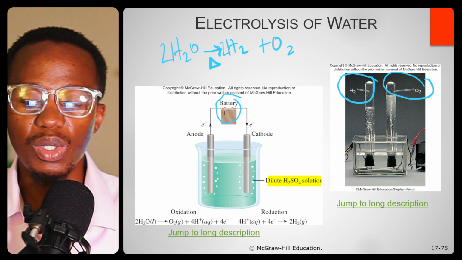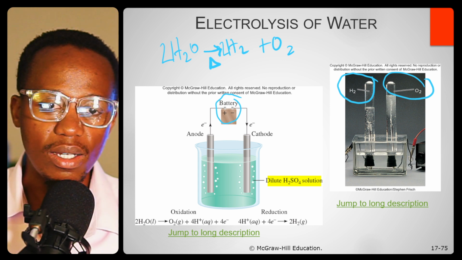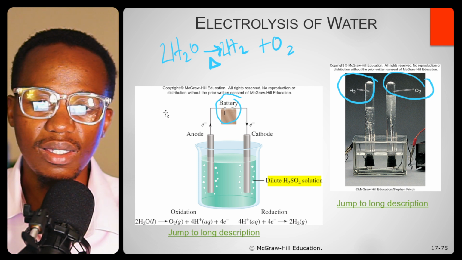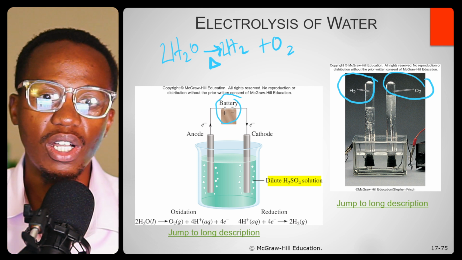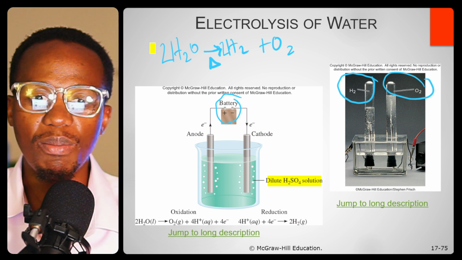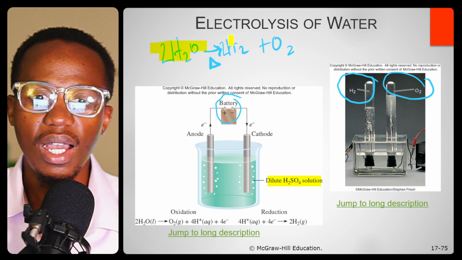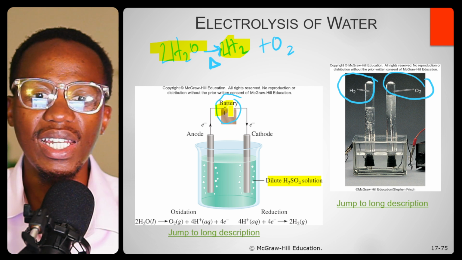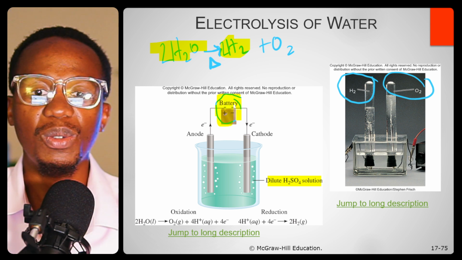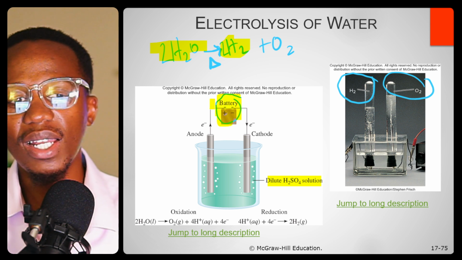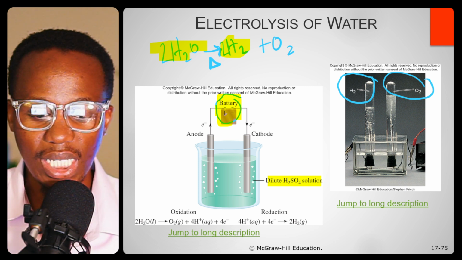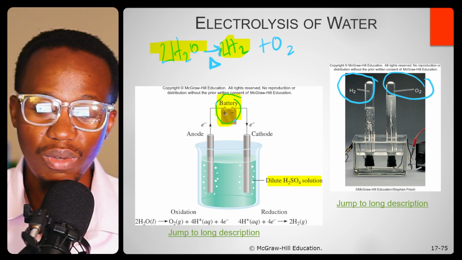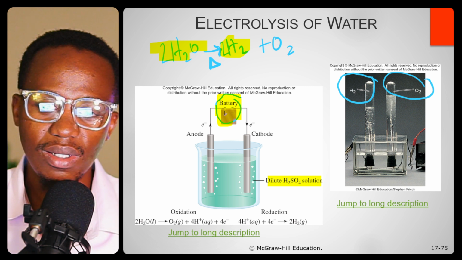But of course, the reason why these cars haven't replaced the normal cars is because yes, you can drive a car by water, by breaking down water to give hydrogen and use hydrogen as fuel. But guess what? You need energy to do that. So where will that energy come from, right?